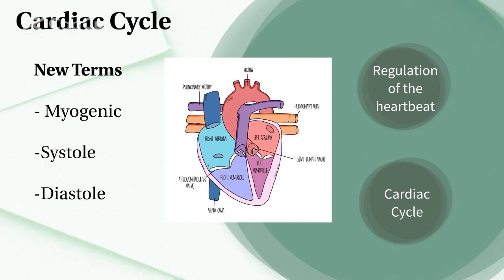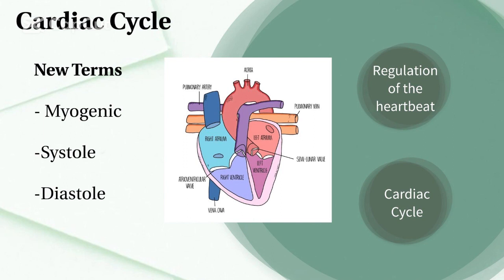We actually need to physically move the blood and apply pressure for the blood to move forward and move around the body. So I'm sure, as you already know, the heart pumps on two sides because we have a double circulatory system. So we have the right side of the heart pumping blood to the lungs, and the left side of the heart pumping blood to the rest of the body.